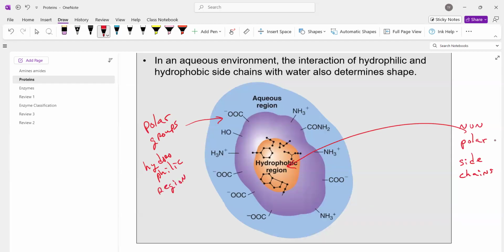So it looks just like a micelle with fats. Exactly the same concept.